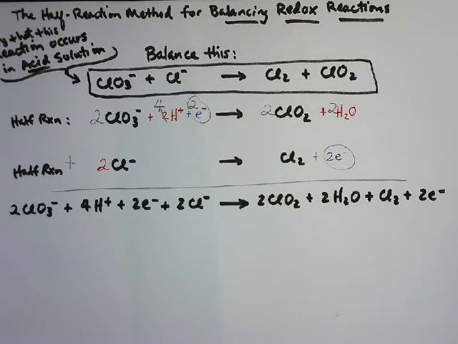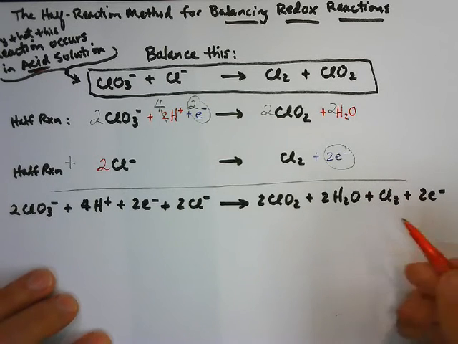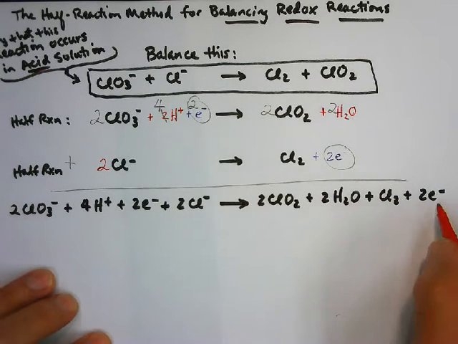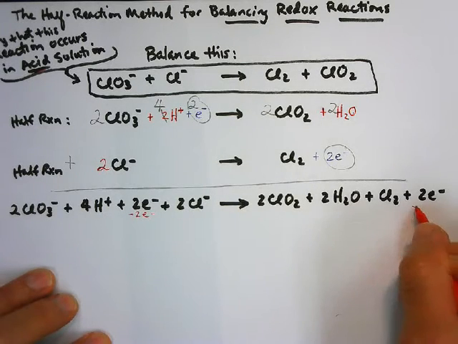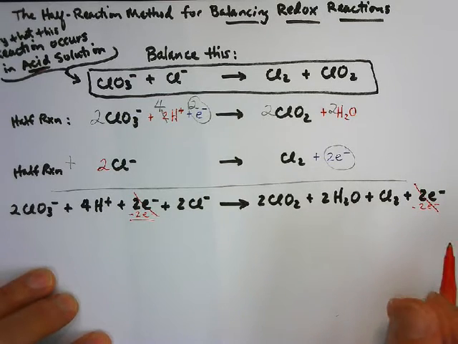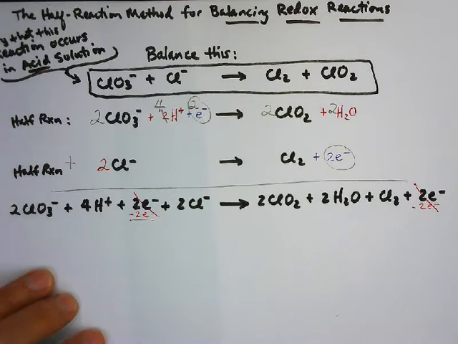Okay, now we can double check and combine like terms, simplify where needed. I see that we have 2 electrons on the left, 2 electrons on the right, so I can subtract 2 electrons from each side, and that will eliminate the electrons, which is a good thing because you don't want to have any excess electrons in your answer.